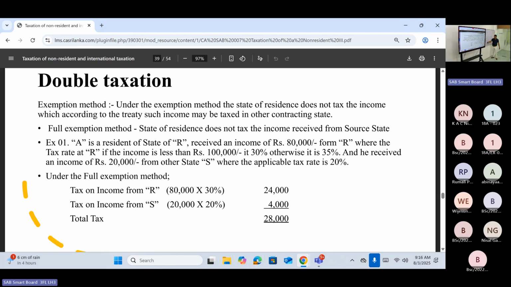He has already paid 24,000 in country R on the 80,000. In country S, he received 20,000, and on that he has paid 4,000. Altogether, 28,000.